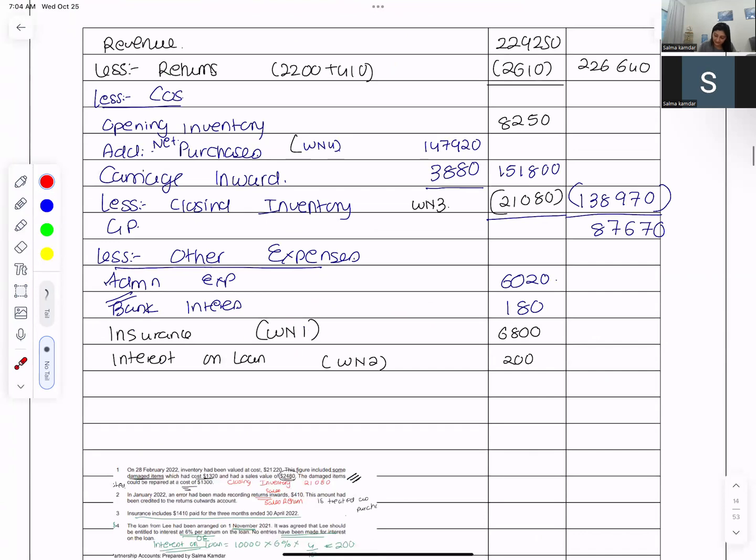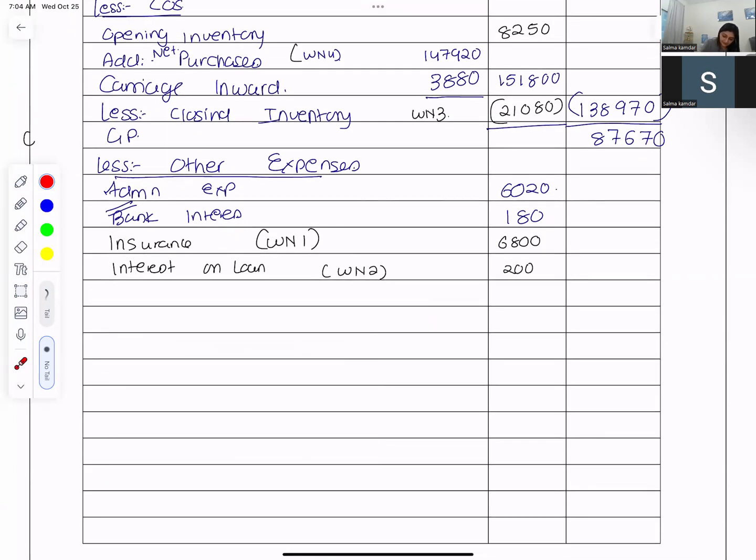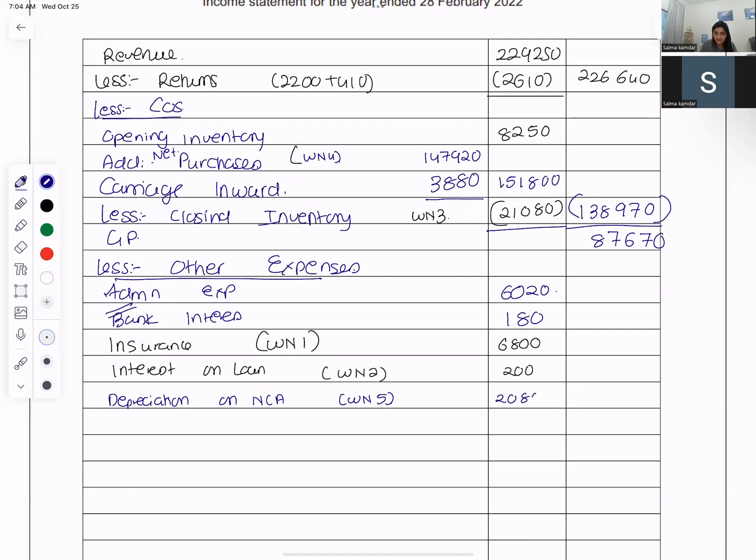So I will write depreciation on non-current asset, and I can show this as my working note number 5. It was how much? 20,800.